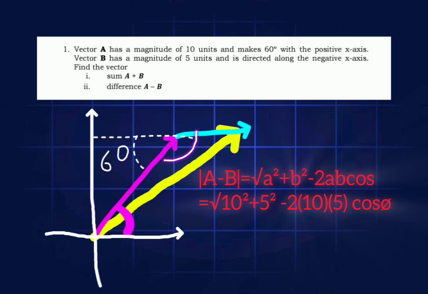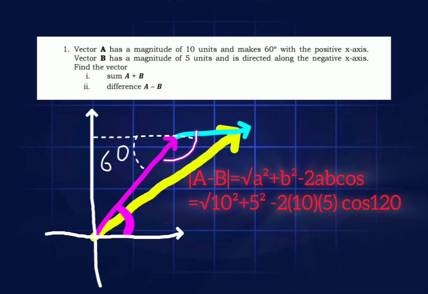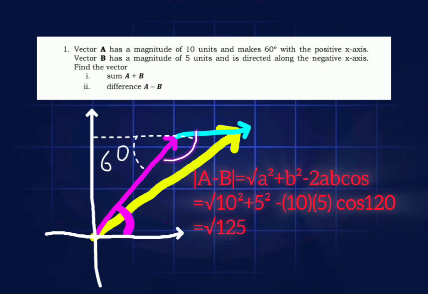So we plug in cosine of 120. Okay, now let's multiply. 10 squared plus 5 squared is going to be 125. 2 times 10 times 5, that's 100. Cosine of 120 is negative 0.5.